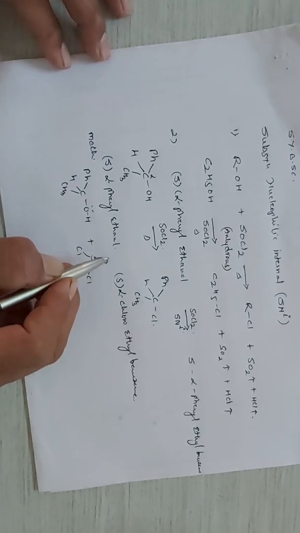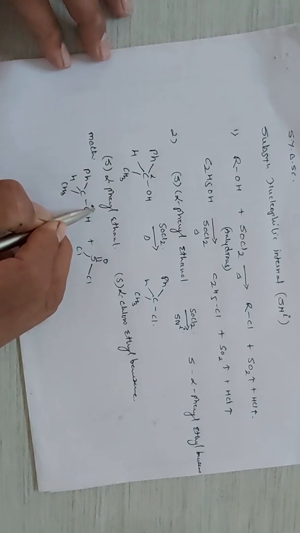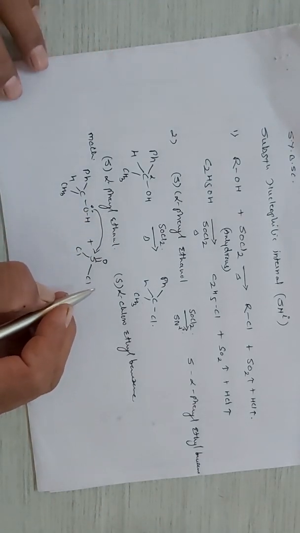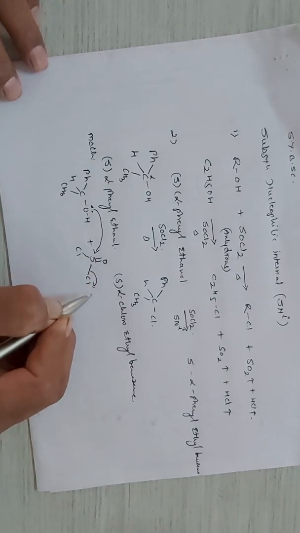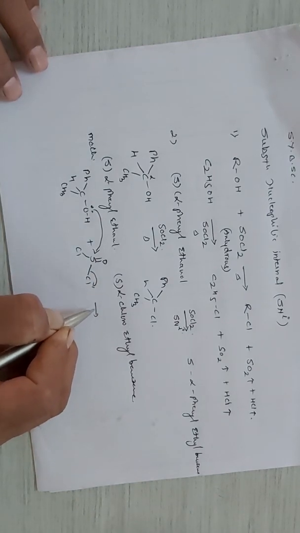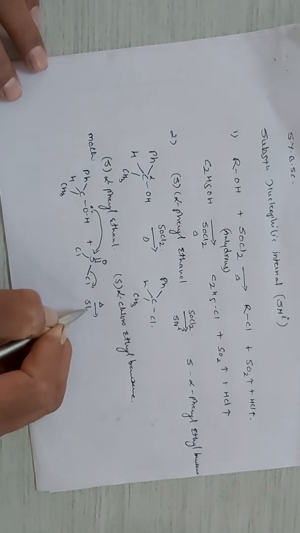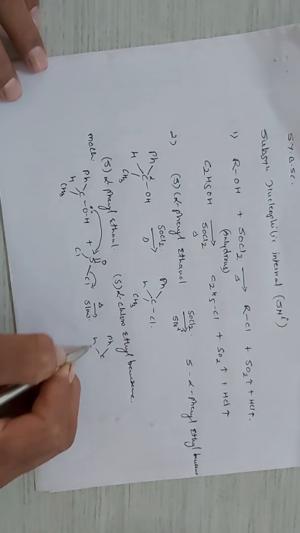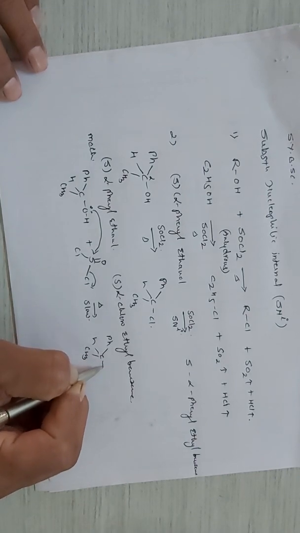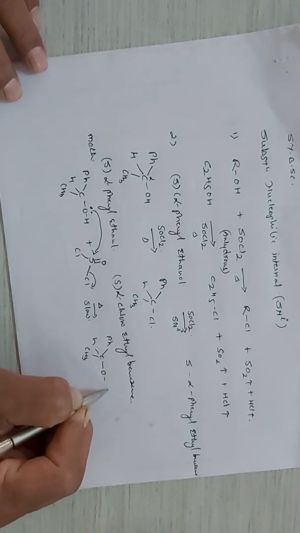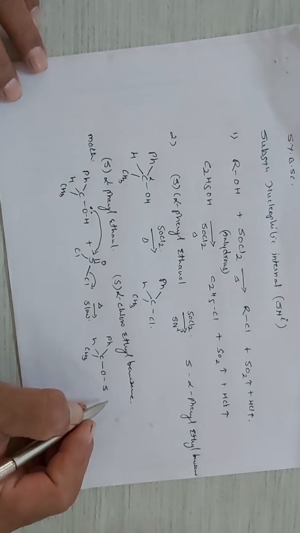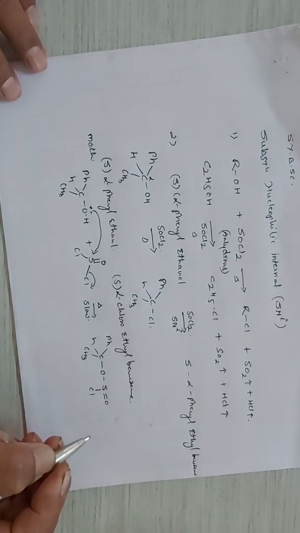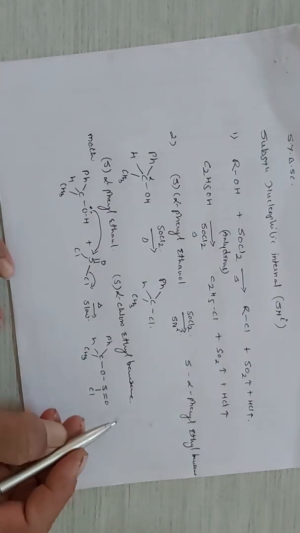The lone pair of electrons of oxygen is donated to the sulfur, and a chlorine is cleaved, and you get the product PhCHCH3, where the oxygen is attached to the sulfur, and one chlorine atom is remaining.